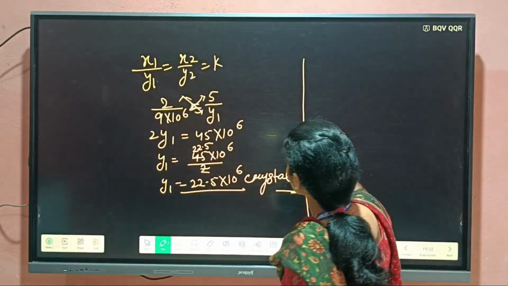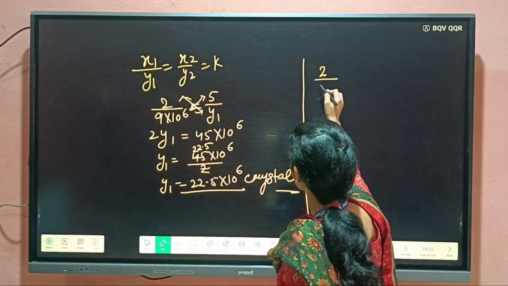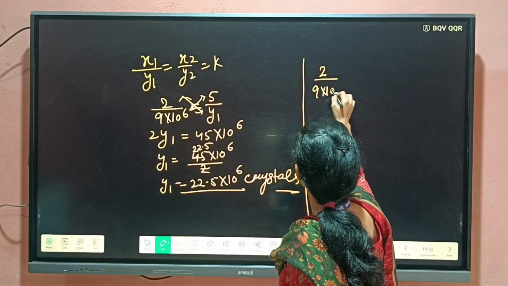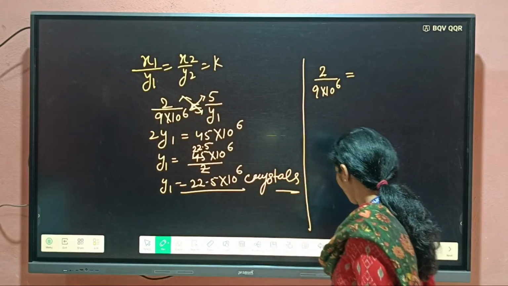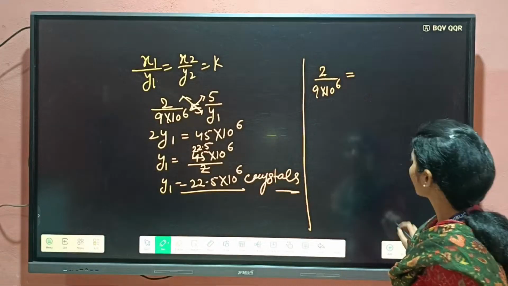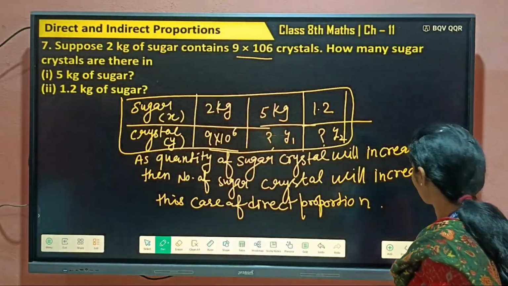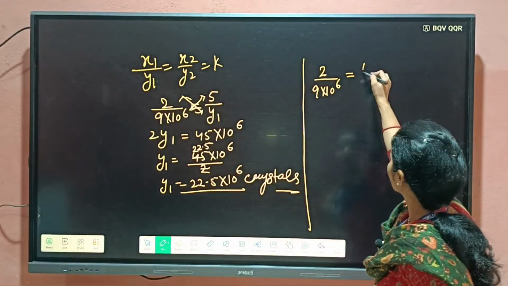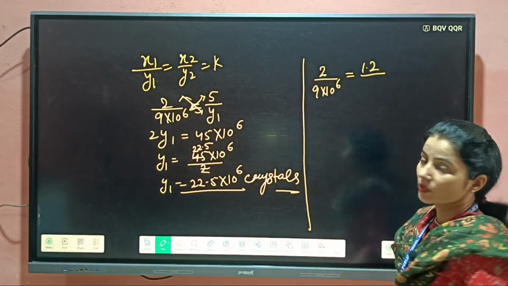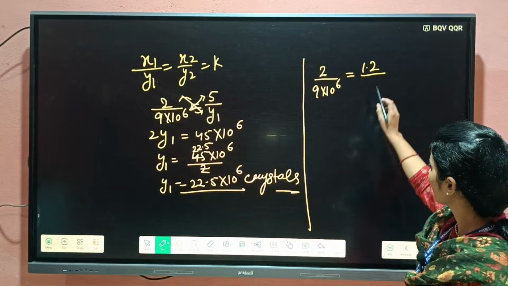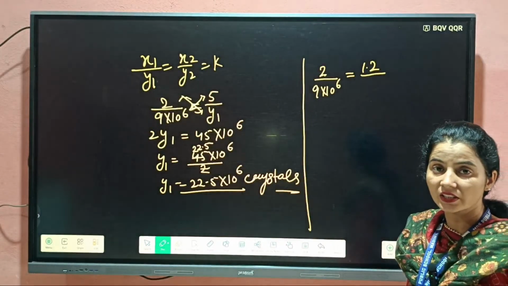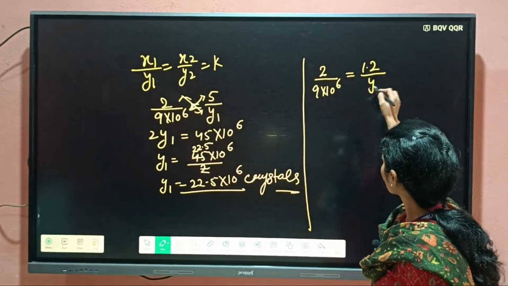Now further, if this is 2 by 9 into 10 raised to power 6, and sugar is 1.2 kg, then the number of crystals we have to find out. Say this is y2.